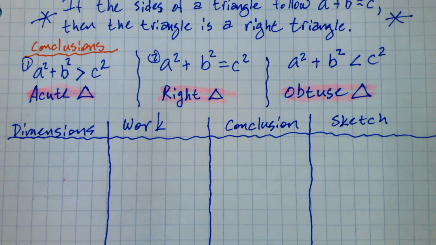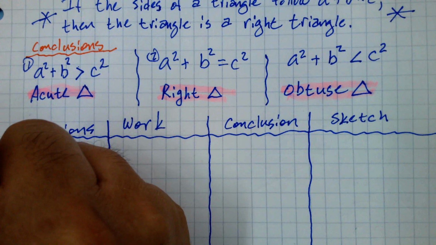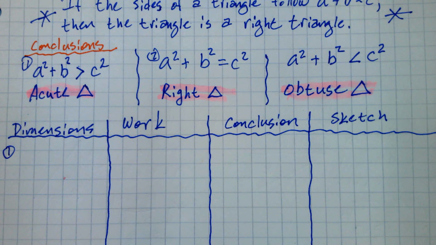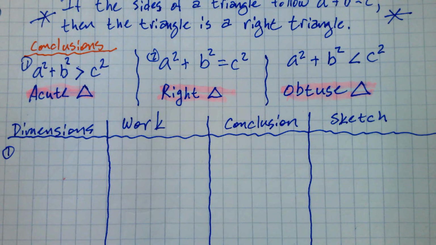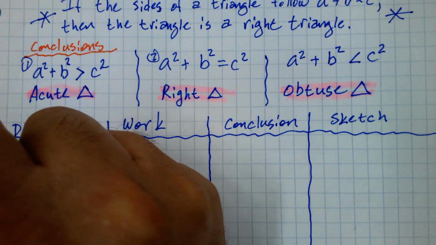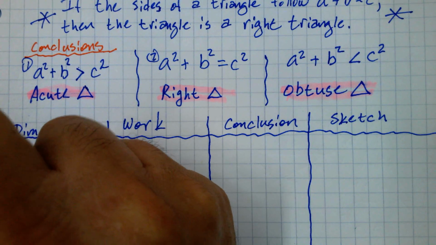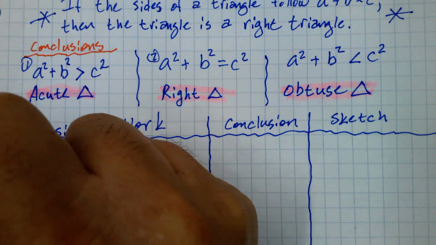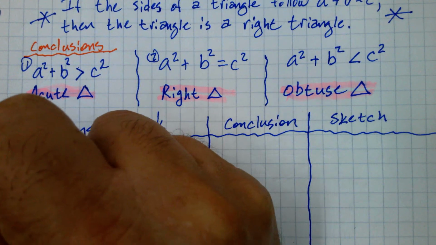So I'm going to give you 3 sides, and then let's figure out what we have. You guys ready? Let's say these are the 3 sides of a triangle. We don't know if it's a right triangle yet. 30, 15, and 45.